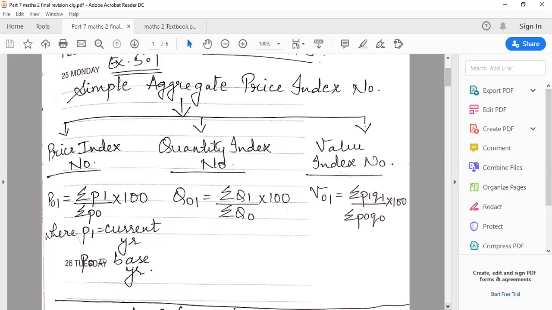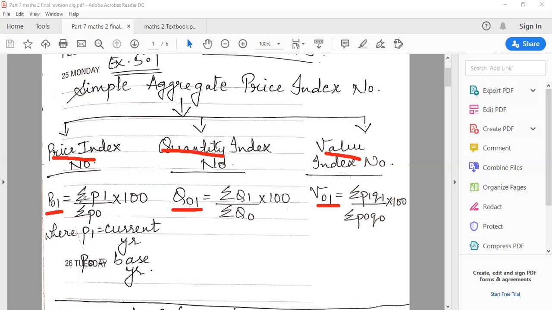In simple aggregate index numbers, we have three types: price index number, quantity index number, and value index number. Price index number is represented as P01, quantity Q01, value V01. 01 stands for base and current year. 0 is for base year, 1 represents current year.